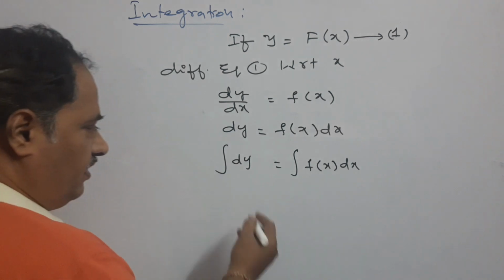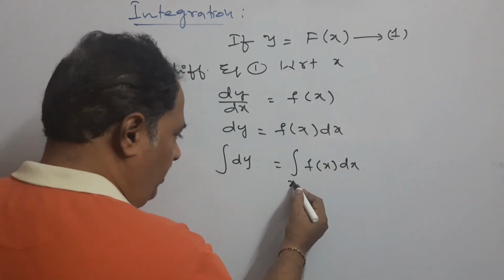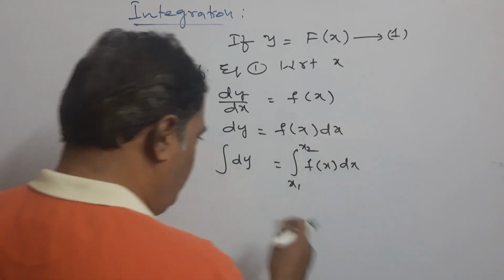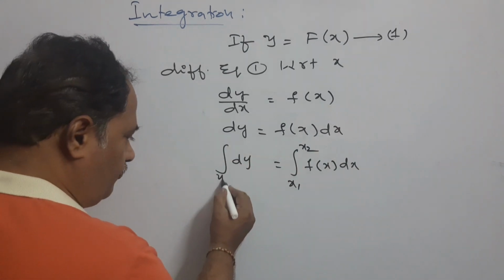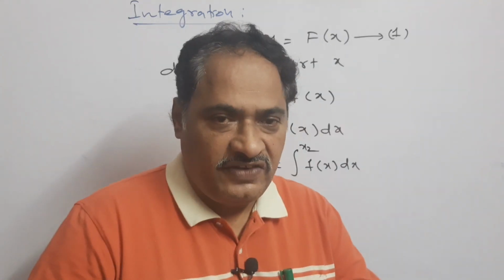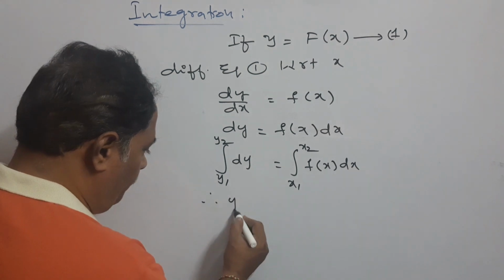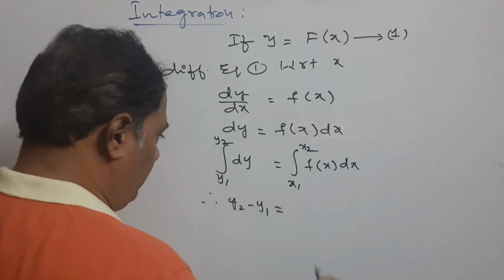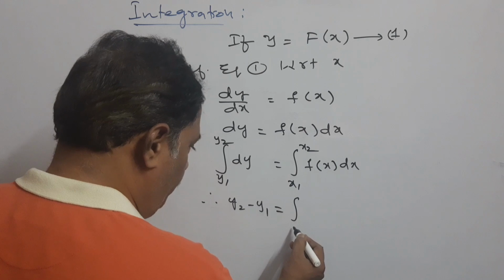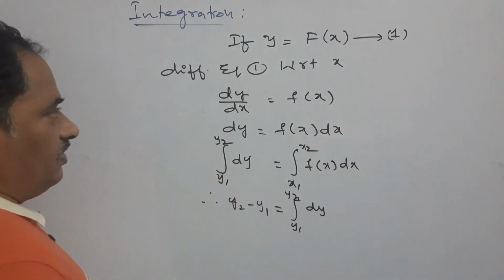As I said, the total change in y as x changes from x1 to x2, here you have to consider the values y1 to y2. That means the total change in y is y2 minus y1, equal to integral from y1 to y2 of dy.